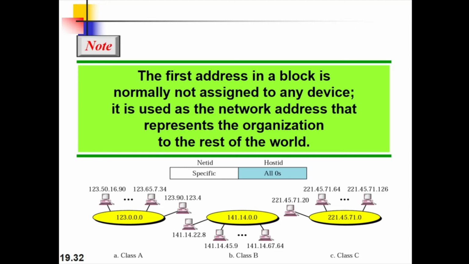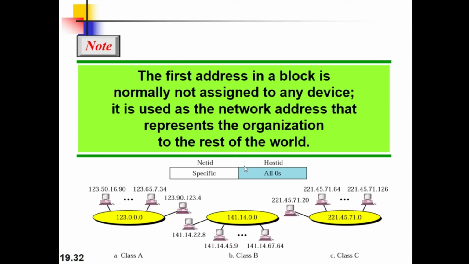Through the internet, they just use that first IP address as their unique identifier.